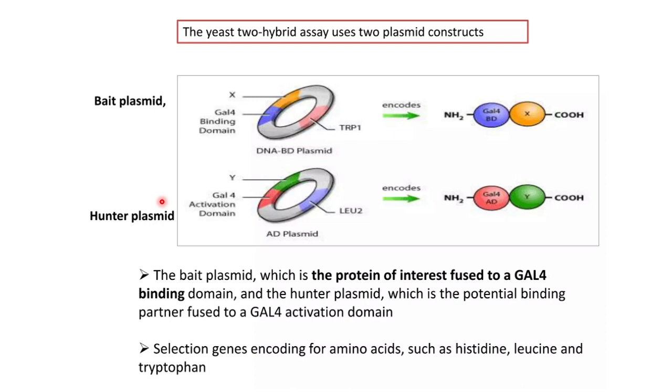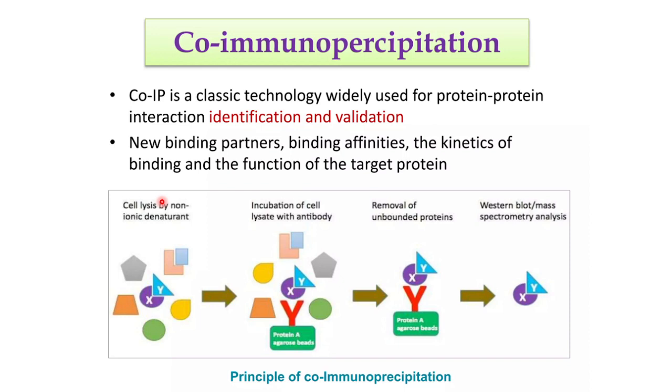So this is totally a plasmid based system, so only those cells that take up both of them and in which the interaction occurs are going to survive, others will basically die.